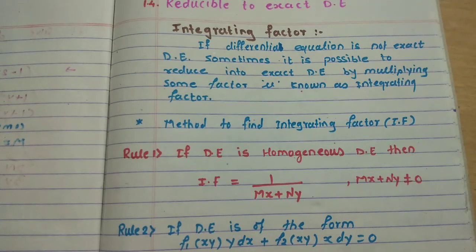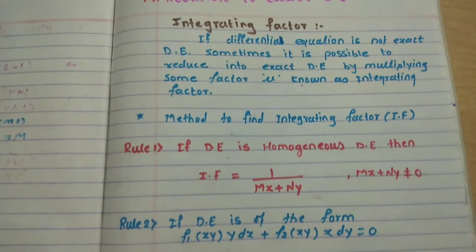If the degree of each term in the differential equation is the same, then we say that it is a homogeneous differential equation. In that case, the integrating factor will be 1 upon Mx plus Ny. This is M multiplied by x, and similarly N multiplied by y.